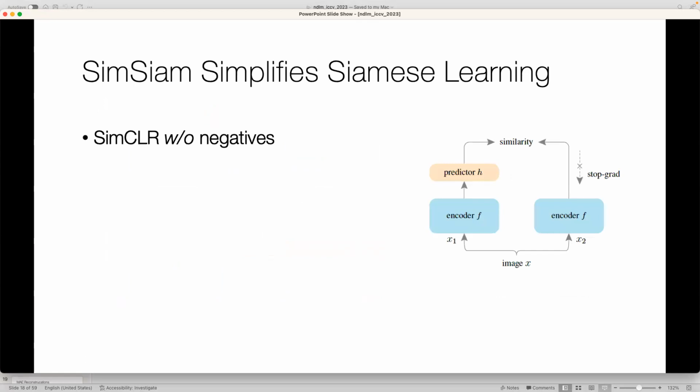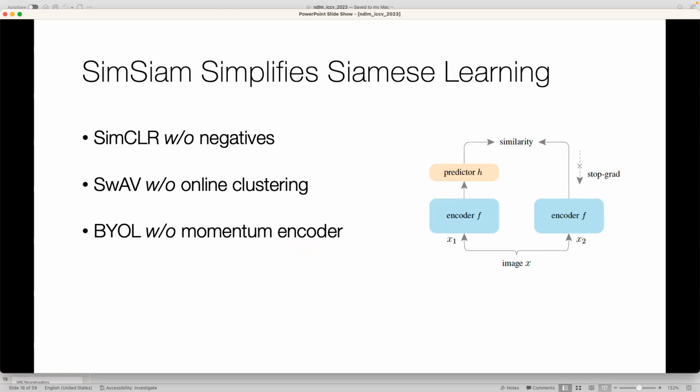And compared to these methods, SimSiam can be regarded as SimCLR without negatives, SwAV without online clustering, BYOL without momentum encoder, and compared to MoCo, which I didn't show, it removes both the negatives, or contrastive learning, and the momentum encoder. So no momentum, no contrast also works, is a takeaway from SimSiam.